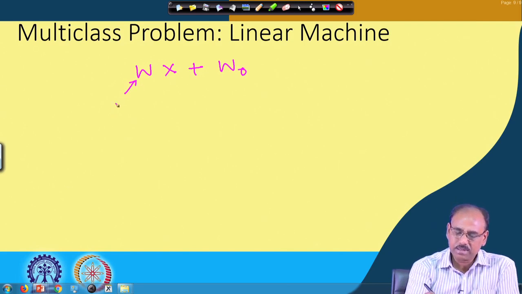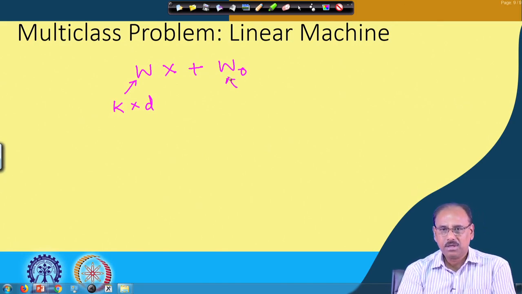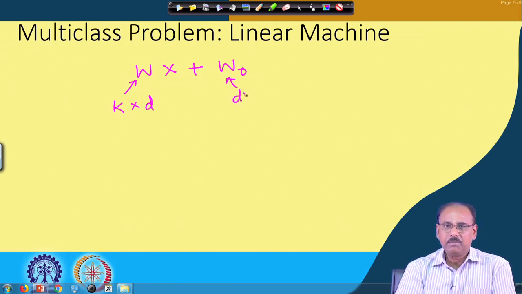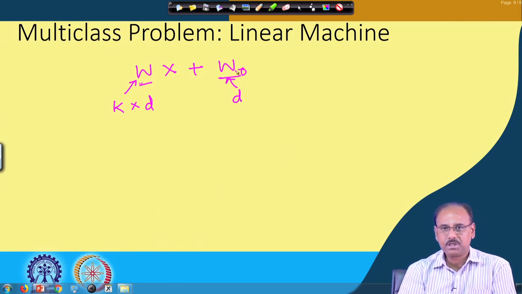So, this W is a k by d matrix, and W naught is a bias which is a column vector having k number of components. So, a linear machine is one which is specified by this matrix W and this bias vector W naught. So, they are the parameters of a linear machine.